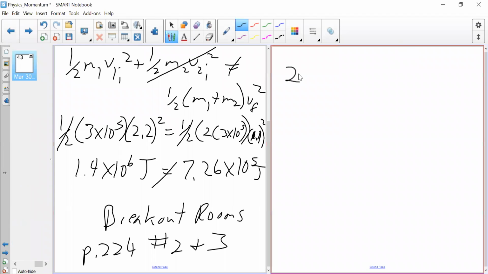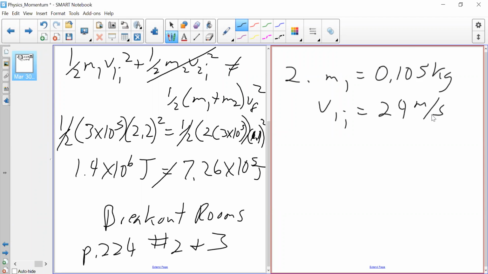So this is question 2. We have a hockey puck, 0.105 kilograms. This is the first mass. He's put this down as V1 initial. And it's caught by the 75 kilogram goalie who's initially at rest.